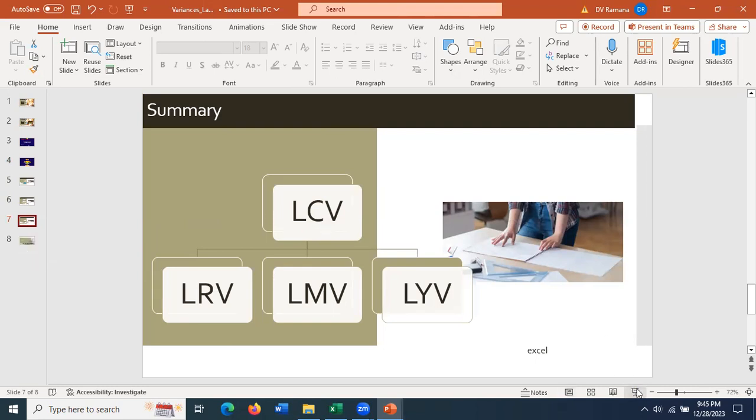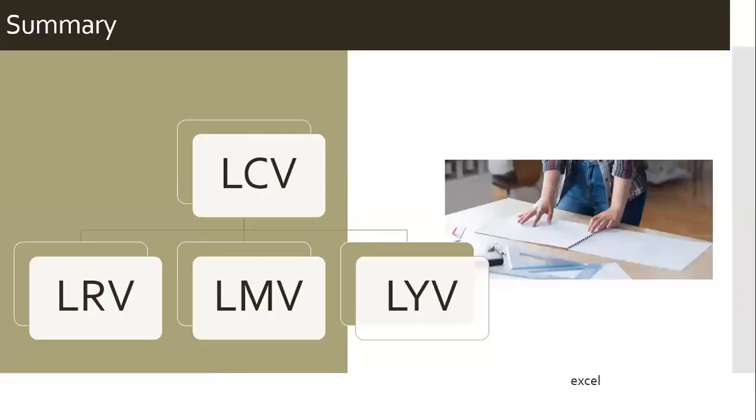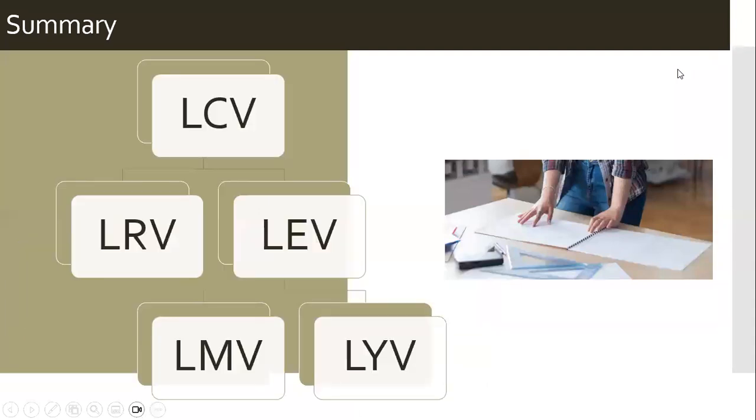Otherwise, we will not do justice to the entire process of variance analysis. So LCV is because of LRV and LEV, and LEV is because of LMV and LYV. So in principle, don't stop the analysis of variances at the LCV level. Thank you very much.